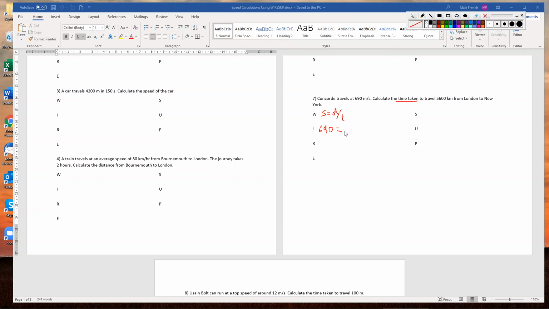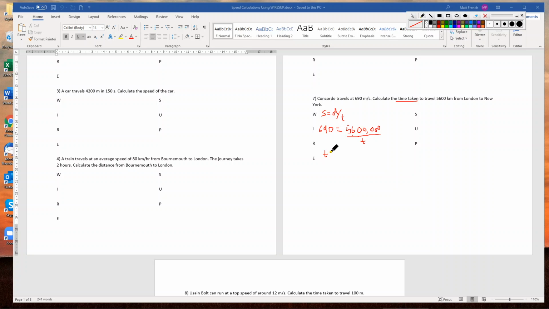The distance, now because we put the speed in meters per second, we actually need to put the distance traveled into meters. So that needs to be 5,600, but then to convert from kilometers into meters, we're going to multiply by 1,000. And then that gets divided by time. So we need to rearrange this.